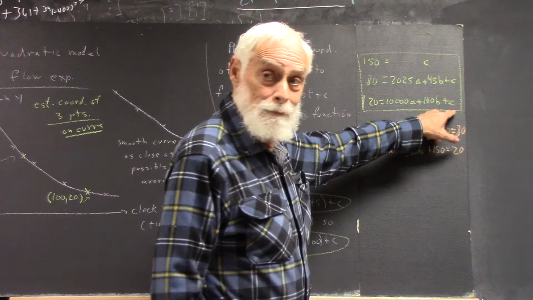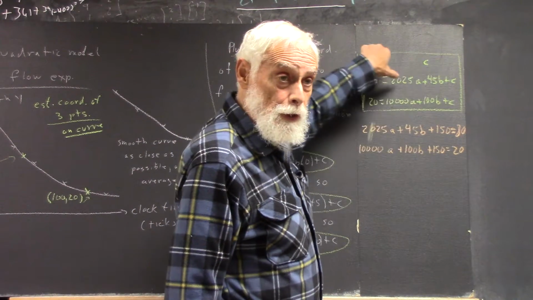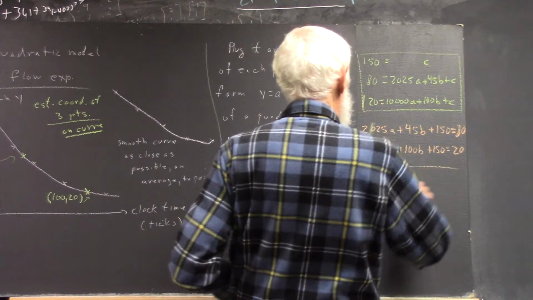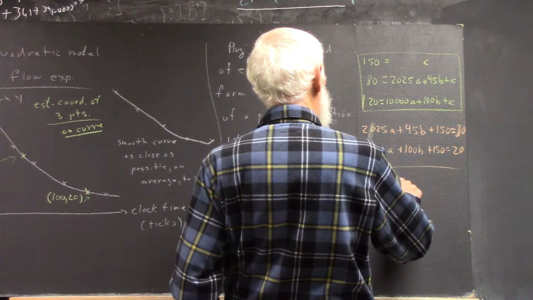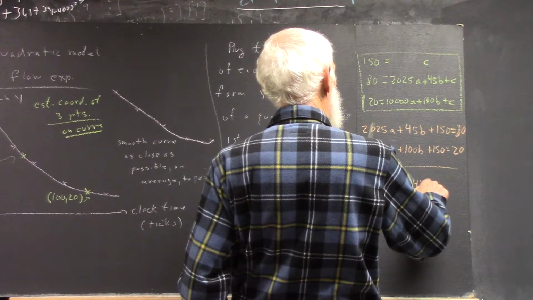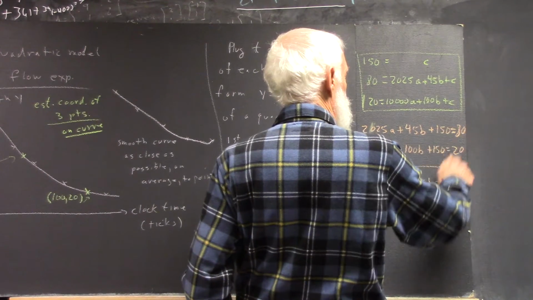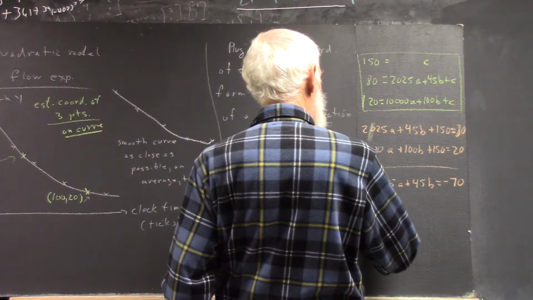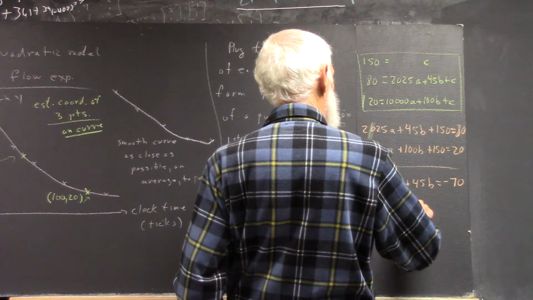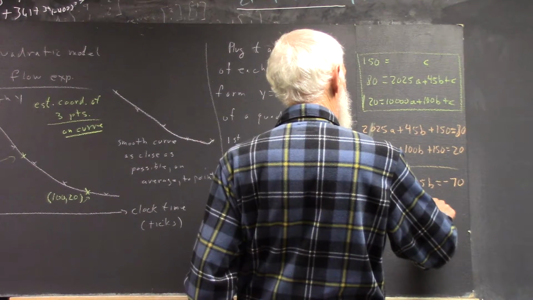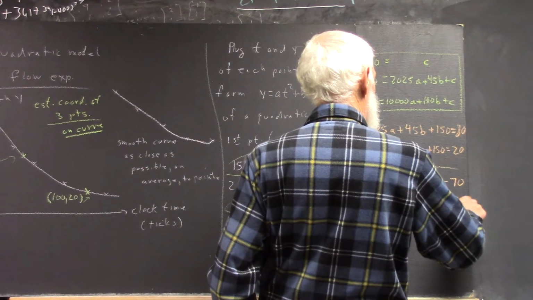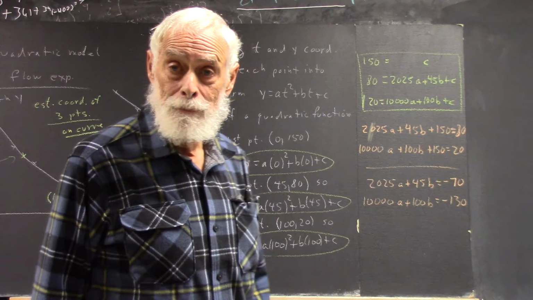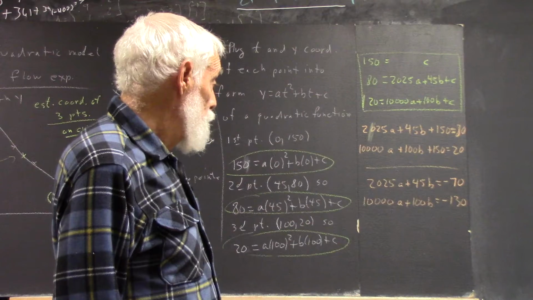Well, that's C. First equation tells you what C is. Now we've got two equations and two unknowns. I'll just do one more step, I'm going to leave you to it. Subtract 150 from both sides, you get negative 70 here. And subtract 150 from both sides, you're going to get negative 130 here. Okay?